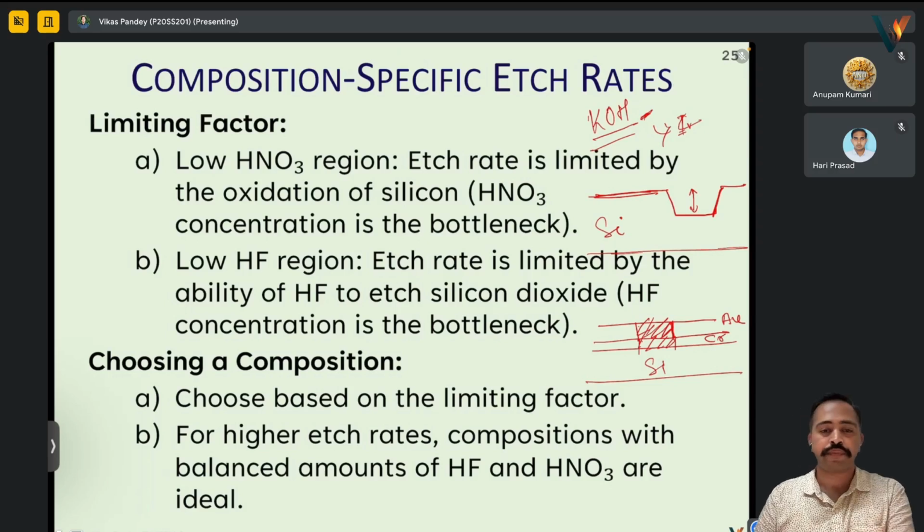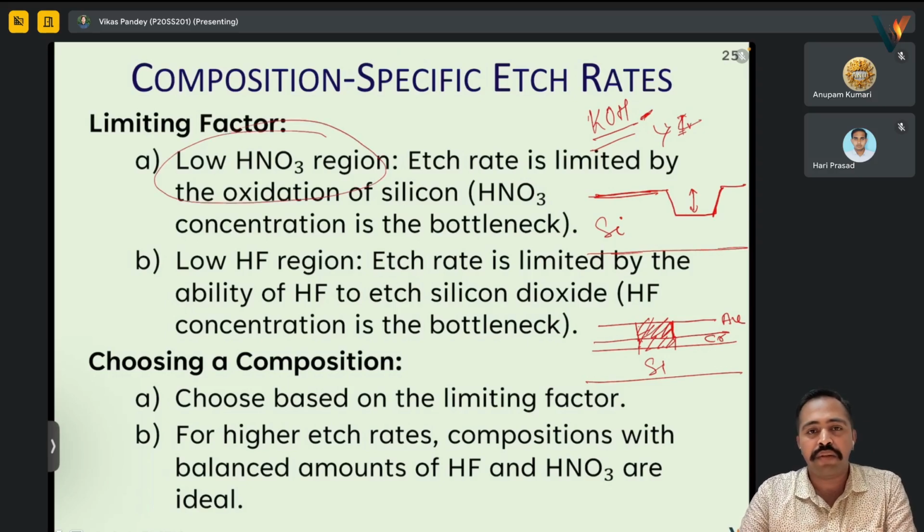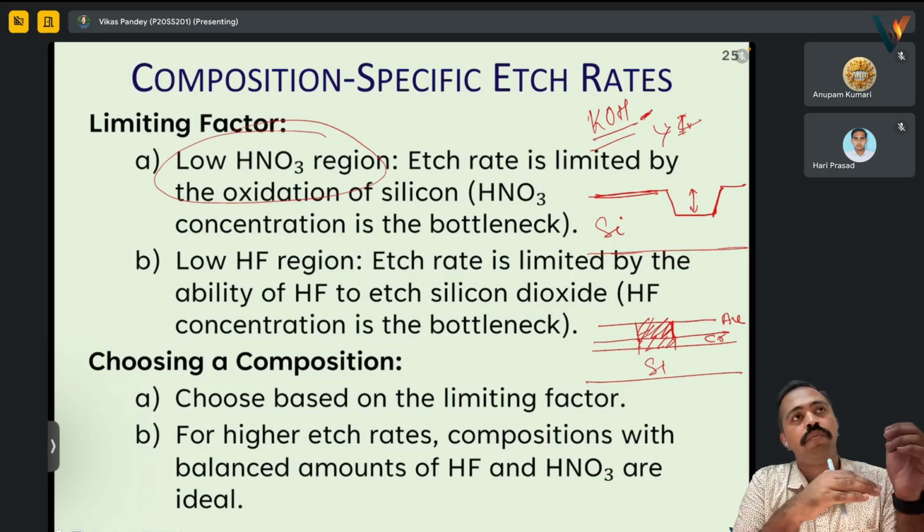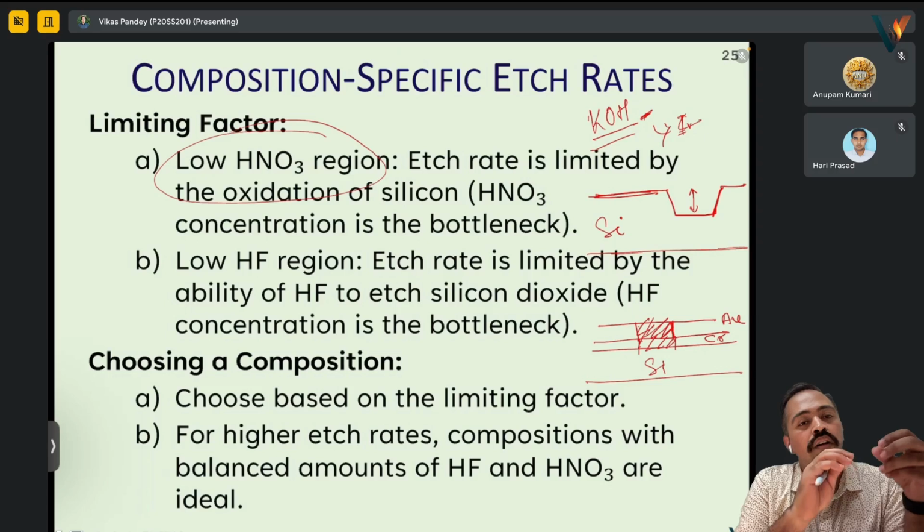So there are two limiting regions for our HNA. In the low HNO3 region, the etch rate is limited by the oxidation of silicon. If HNO3 is very low, the whole process will be determined by how slow that is.